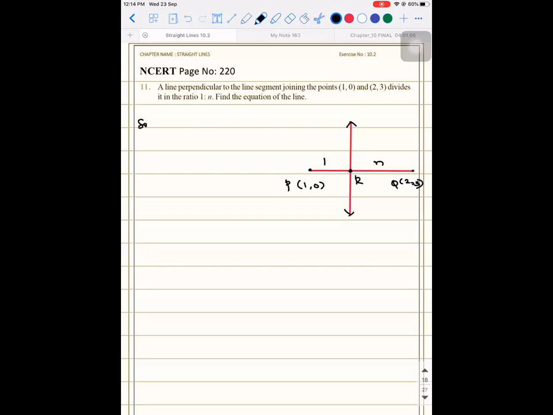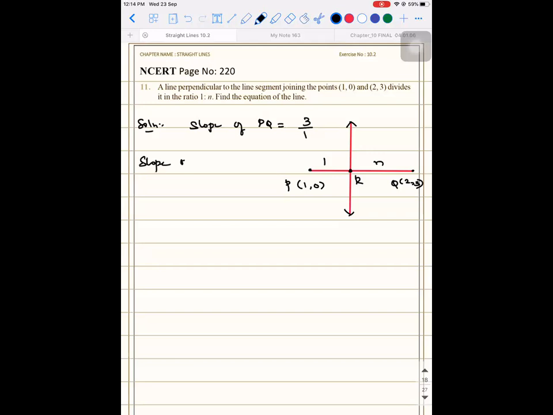So wherever you see this perpendicular, no, first find the slope of baseline. So what is slope of PQ? 3 minus 0 by 1 minus 2. It is 3 divided by 1.